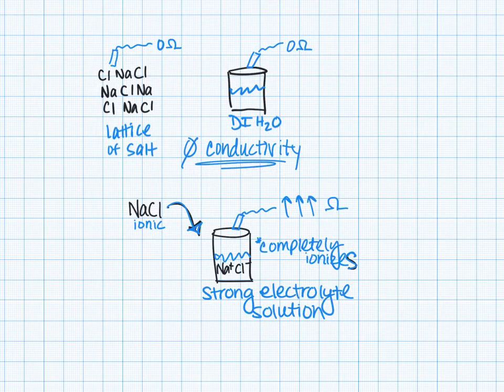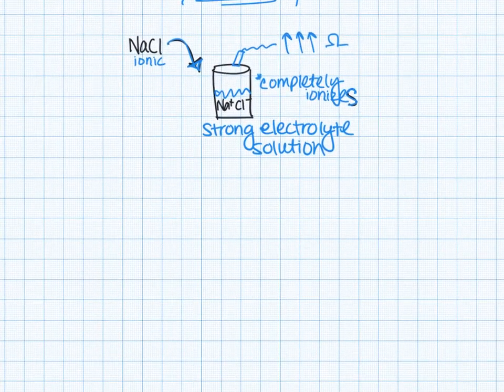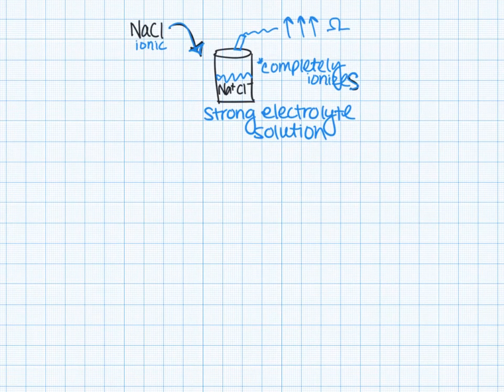Okay, so how do I account for these? And notice we haven't moved on to covalent compounds just yet. So how do I account for the amount of ions that are actually in my solution? So let's continue just to focus on sodium chloride.